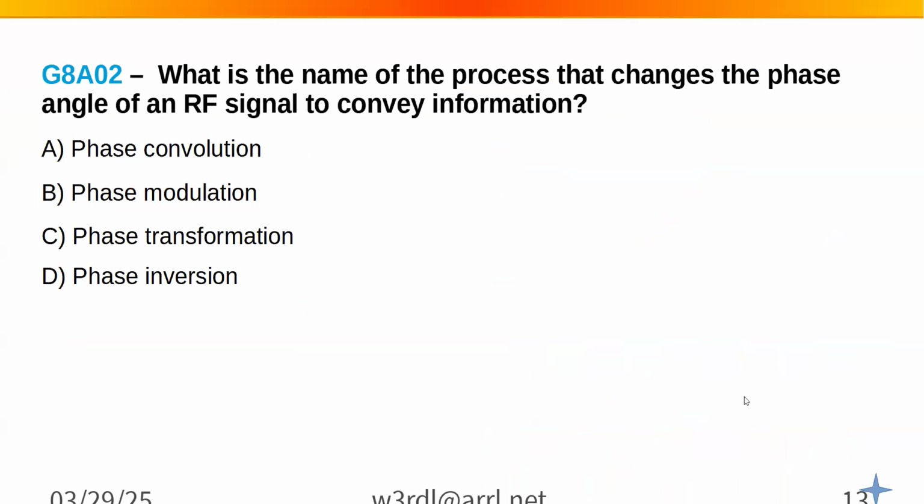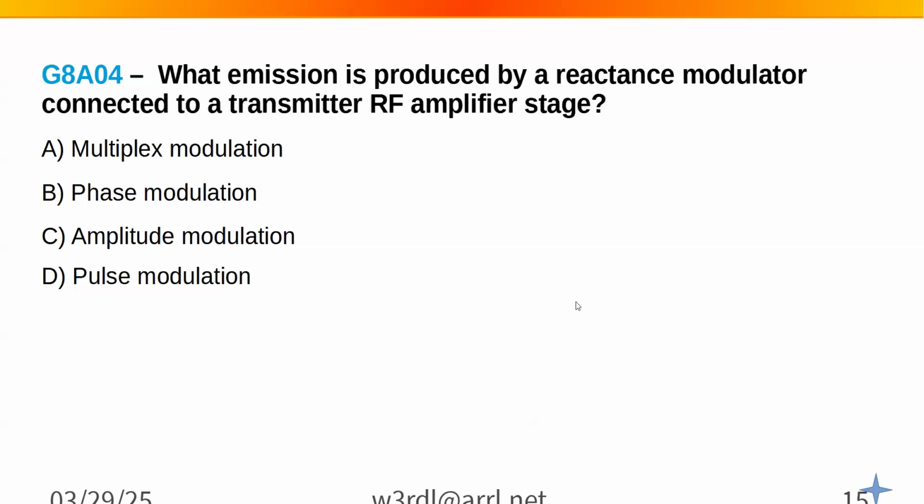What's the name of the process that changes the phase angle of an RF signal to convey information? What emission is produced by a reactance modulator connected to a transmitter RF amplifier stage?